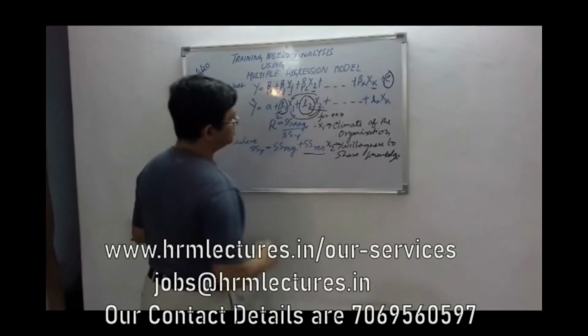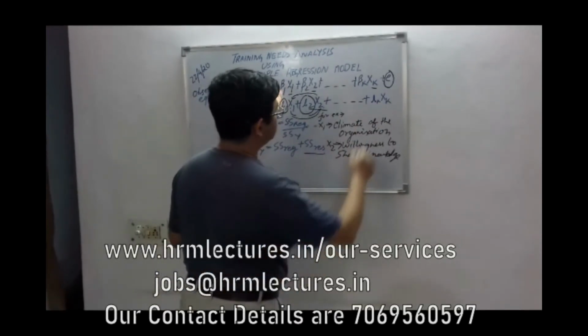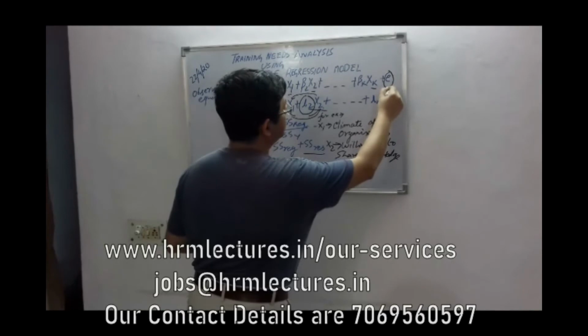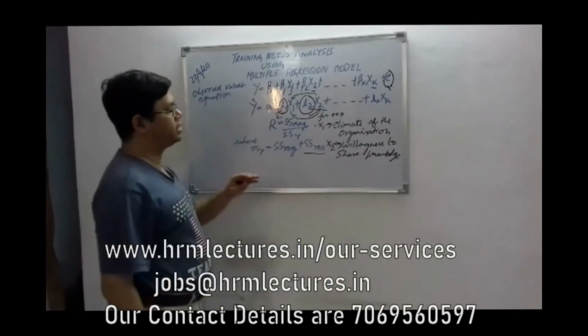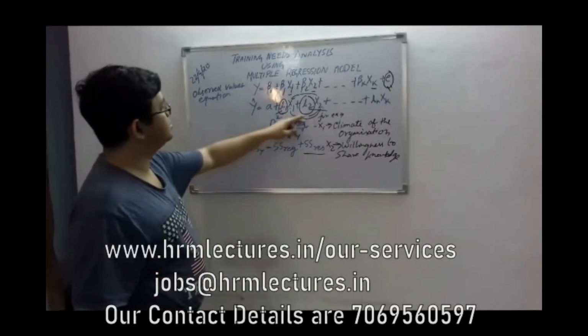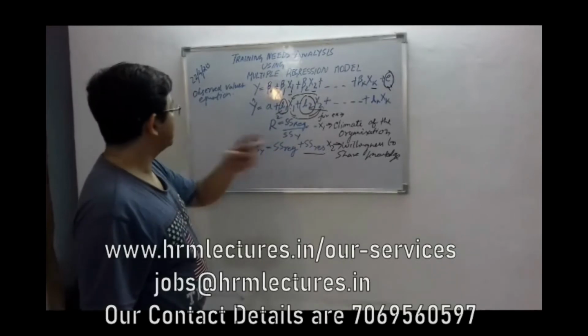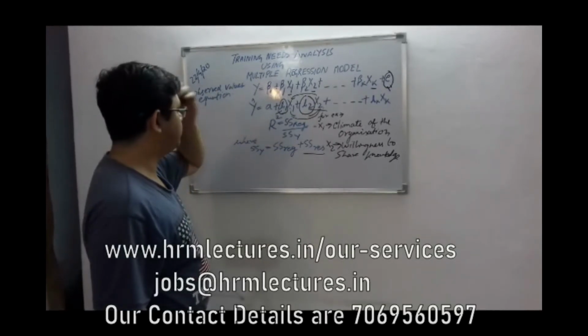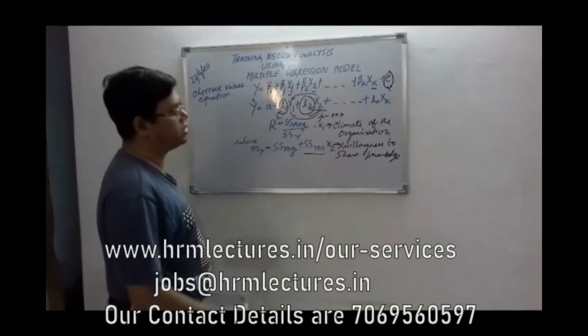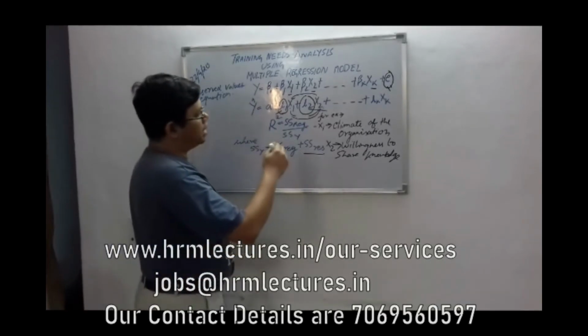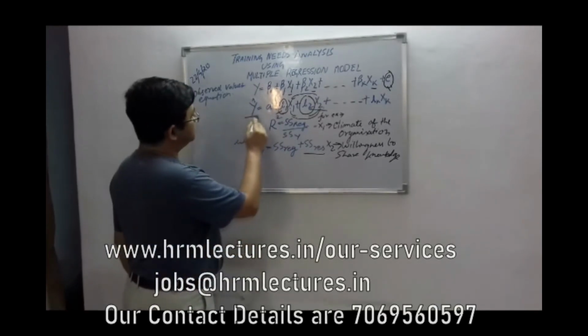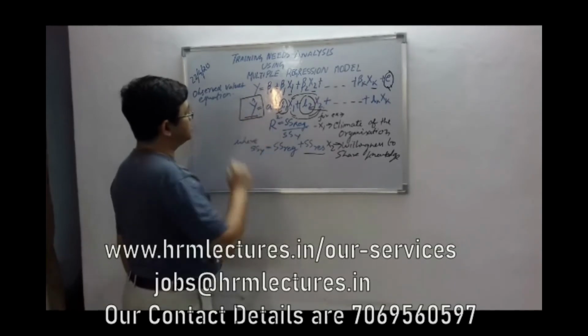This is the residual values, and here we were talking of the error that we get in the observed, and what we get by this partial regression of the coefficients, on the basis of this we are getting this estimated regression equation.